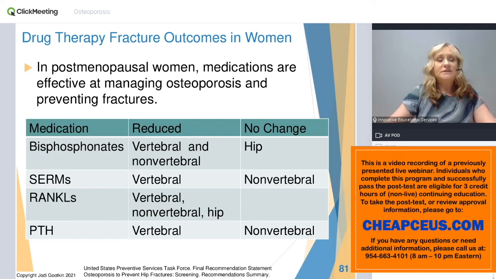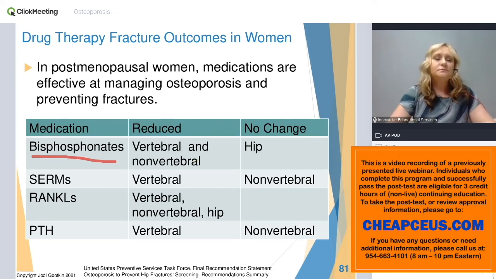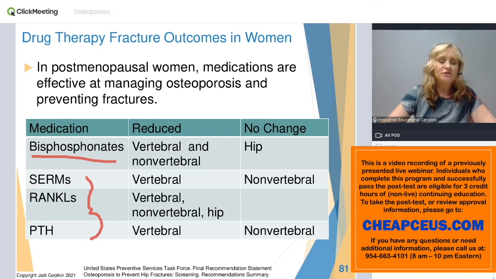Of those that they did find, they found 14 studies on the bisphosphonates that did help reduce vertebral and non-vertebral fractures, but not the hip. So other non-vertebral fractures would be radius, maybe a rib fracture. The SERMs, RANKL inhibitors, and parathyroid hormone do seem to help vertebral fractures also, but not as much for non-vertebral.